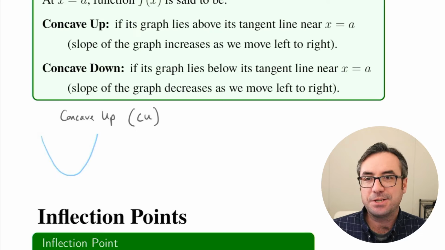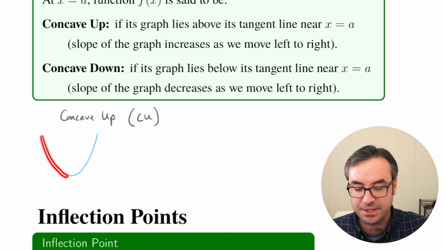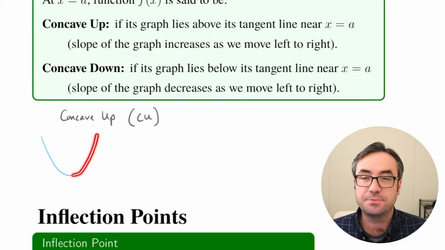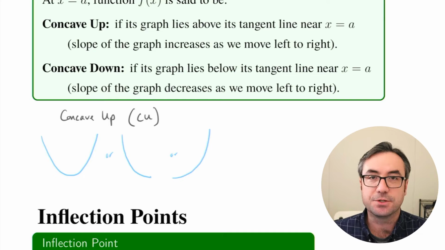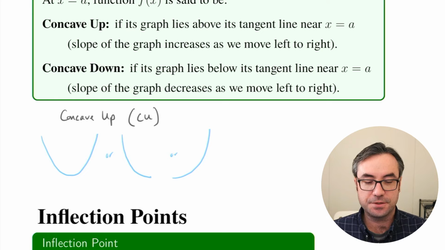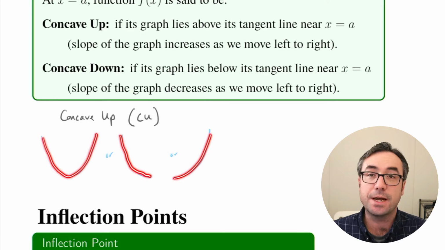Or it might just be part of that U shape. So it might just be like the left side, or it might just be like the right side. So you might have just something like this or something like this. Maybe just one of those sides. So concave up functions are always going to have this sort of shape.